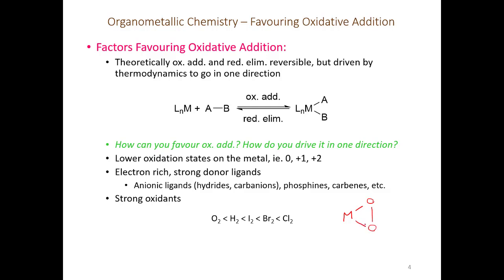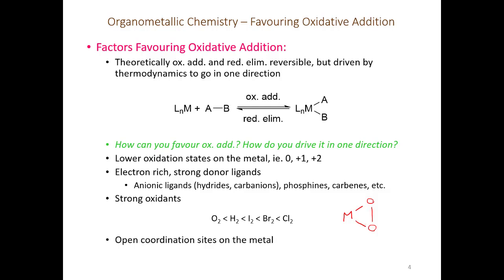And because the product of oxidative addition of oxygen is much less stable than the products of the oxidative addition of hydrogen, it's much less oxidizing specifically for the oxidative addition of transition metals.